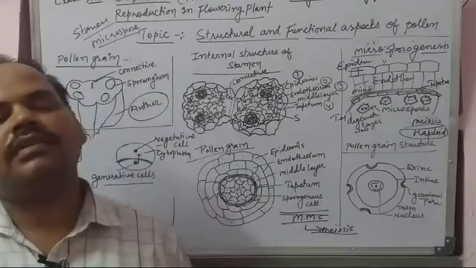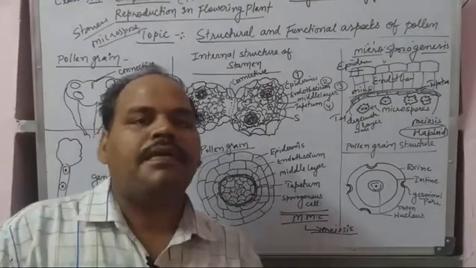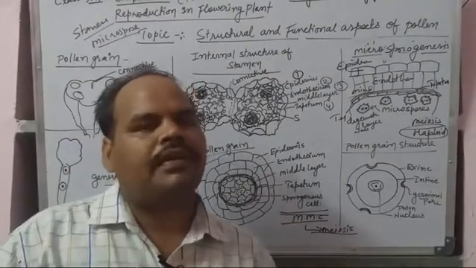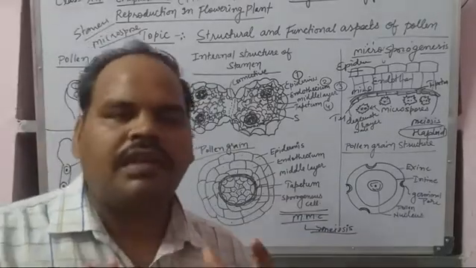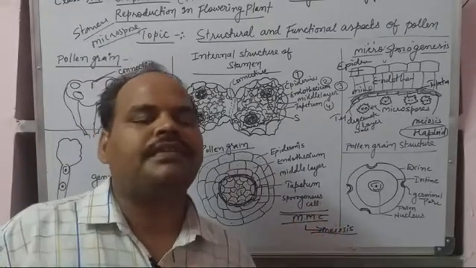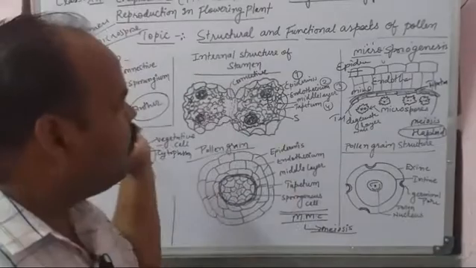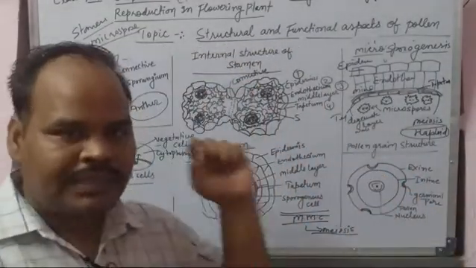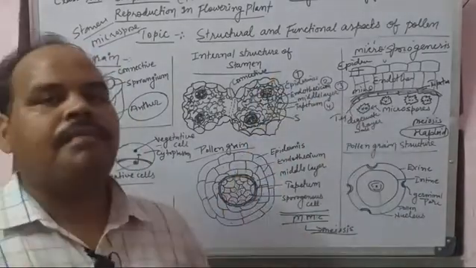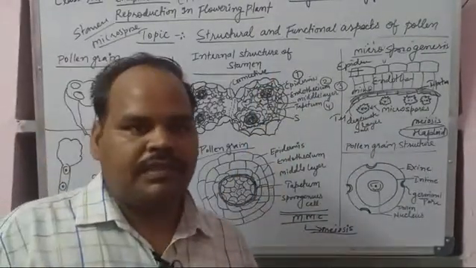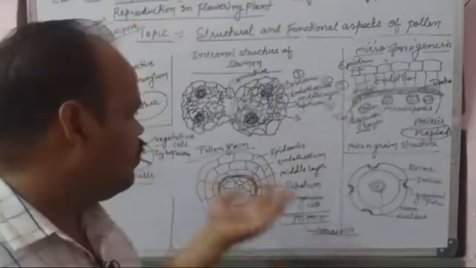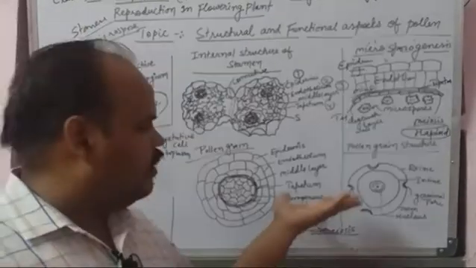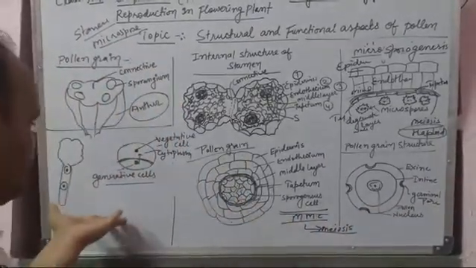The pollen grain is also called the microspore, stamen, anther, whatever you want, because that is the male gametophyte. So this is the first class of this part. Second, it is called the male gametophyte. We will discuss it here, and we will draw the structures and the various types of generation that will be shown here.